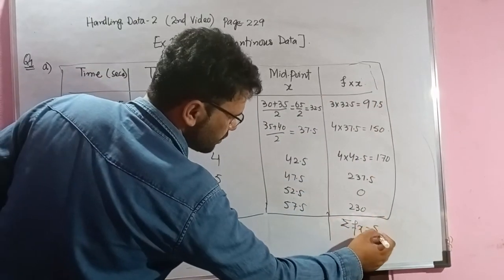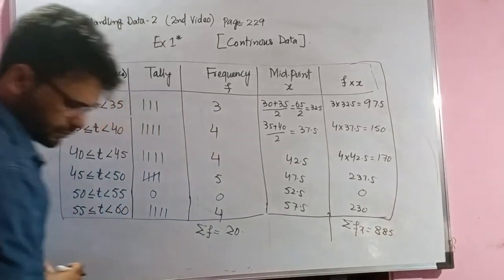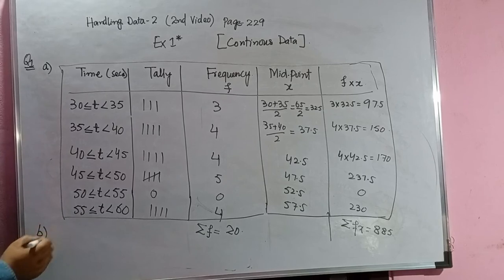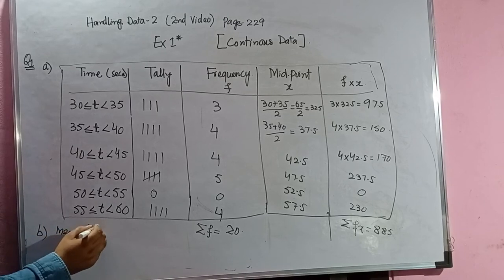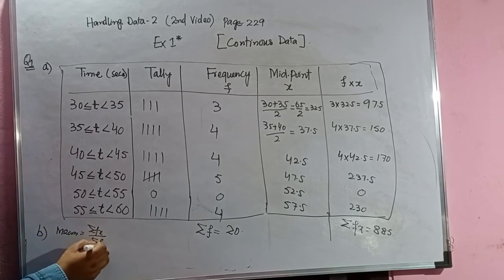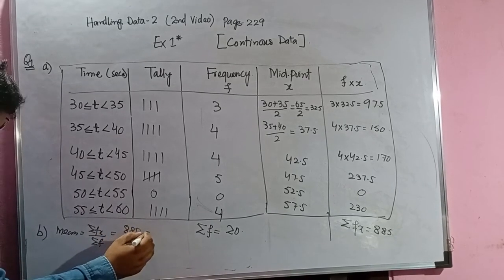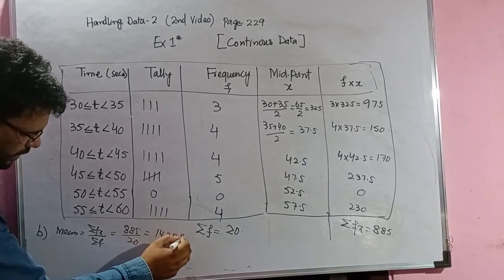It will be 885. Now to find the estimated mean, it will be sigma fx divided by sigma f, that is 885 divided by 20. The value will be 44.25, in seconds.